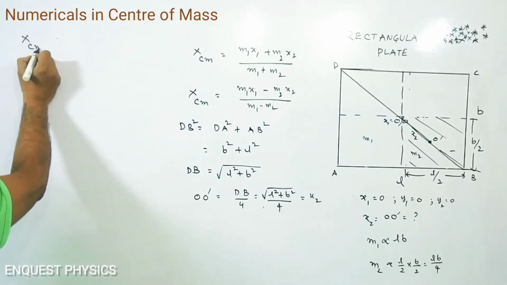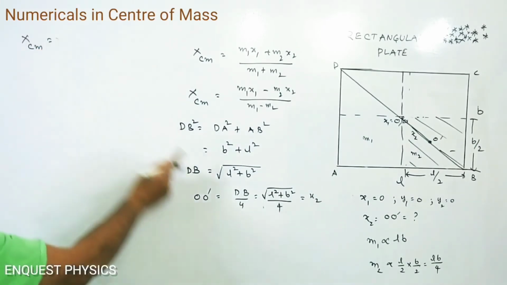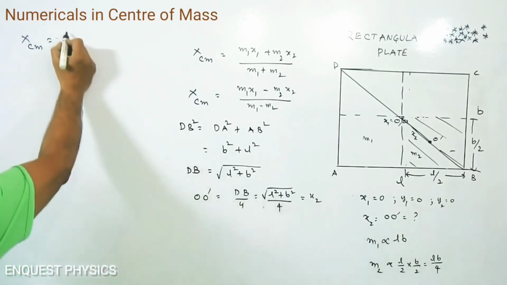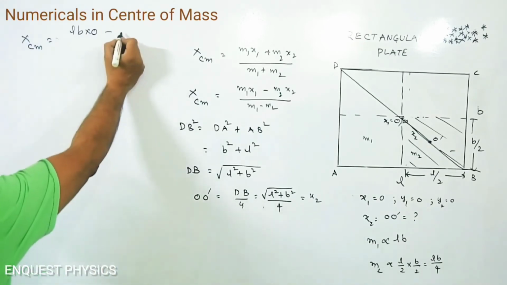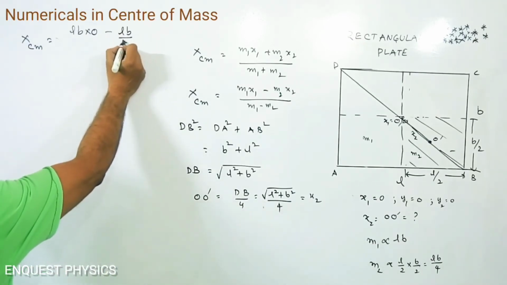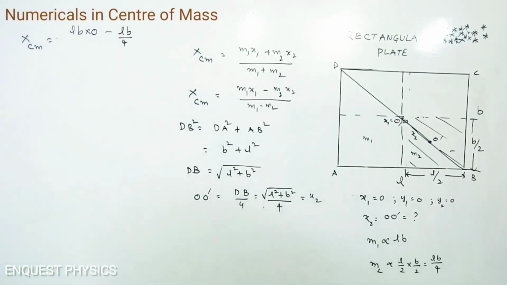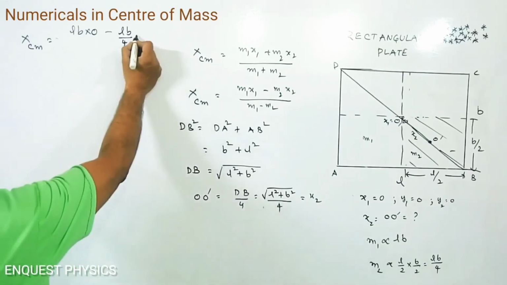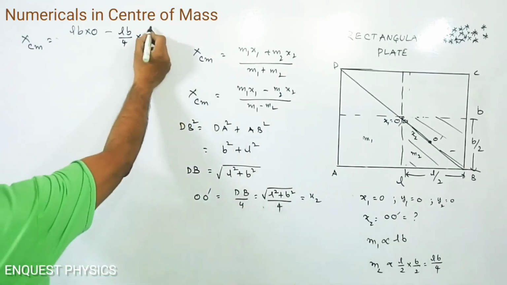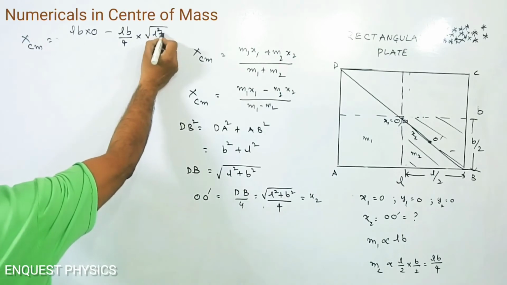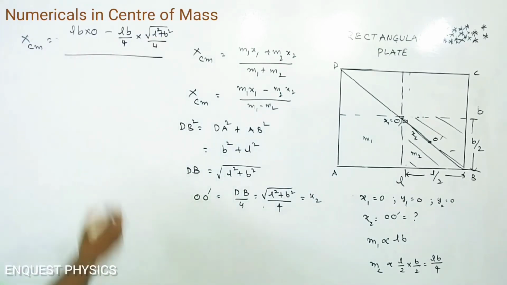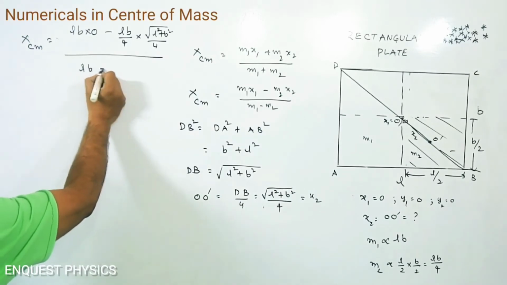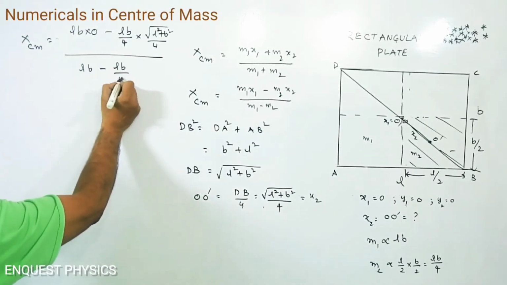What we get, XCM is equal to m1, we had LB into 0, minus LB by 4 into x2, we had under root of L square plus B square by 4, upon m1 LB minus LB by 4.